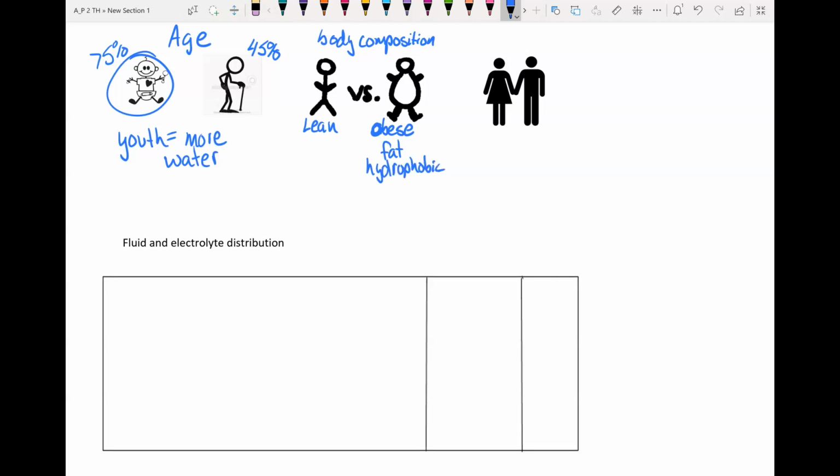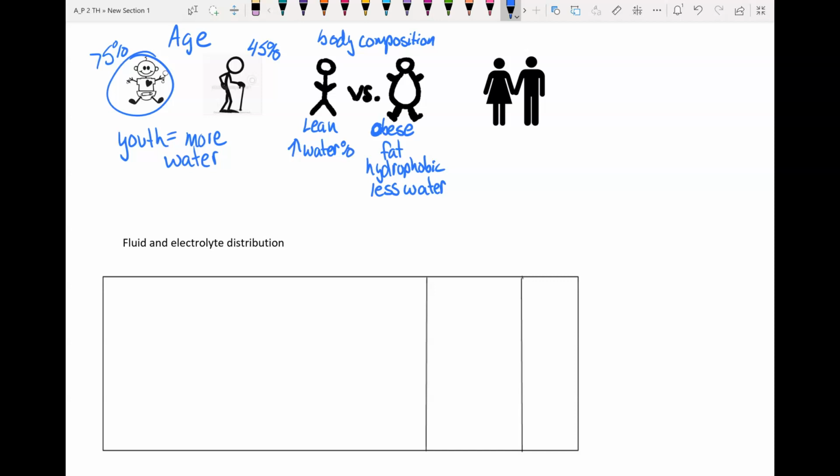So fat and water repel each other. So the more fat you have, the less water you have, because all that fat is repelling water. So somebody who's lean has a higher water percentage because they don't have the adipose to repel the water.